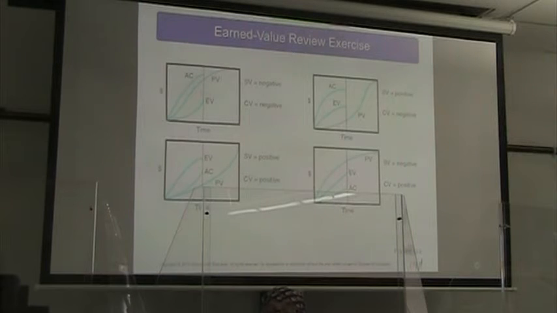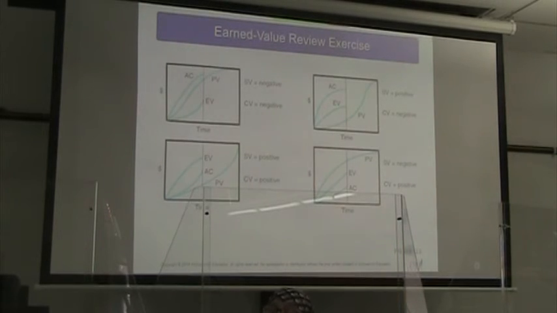In our lower left-hand corner, we see a graph where we have both the schedule variance as positive and the cost variance is positive.